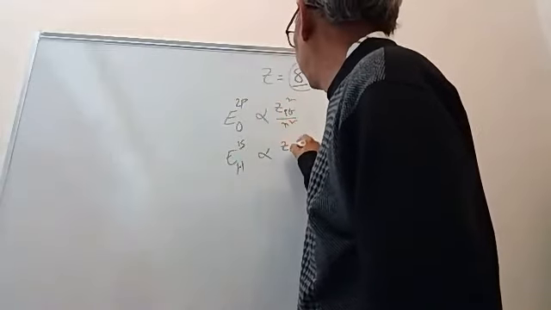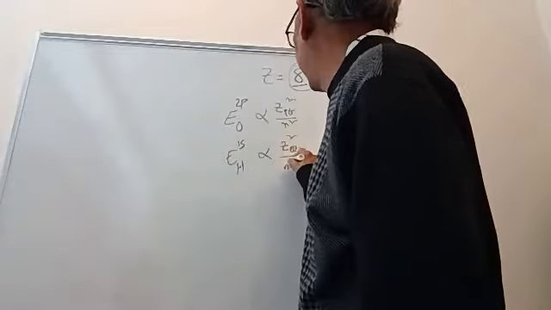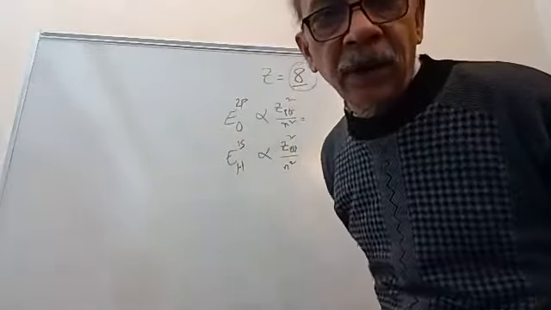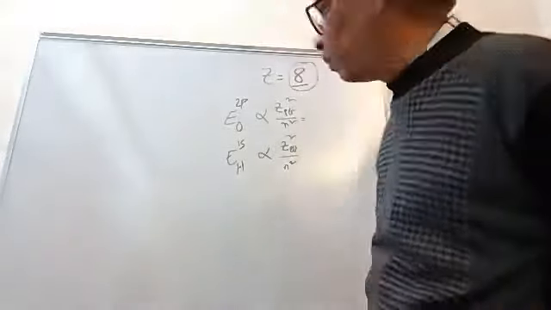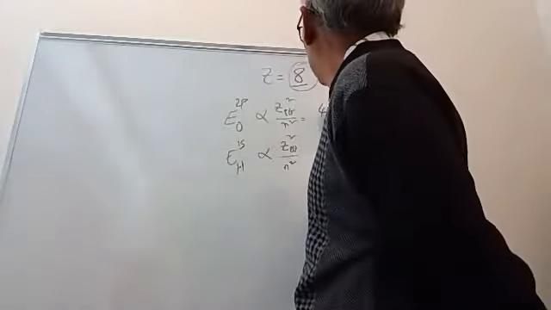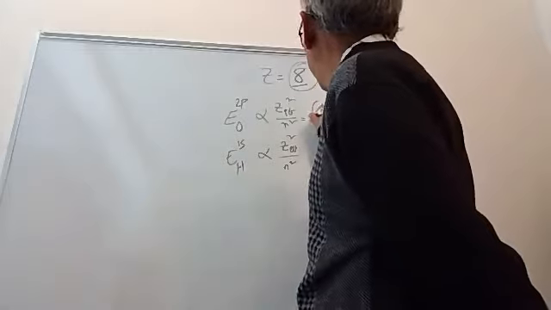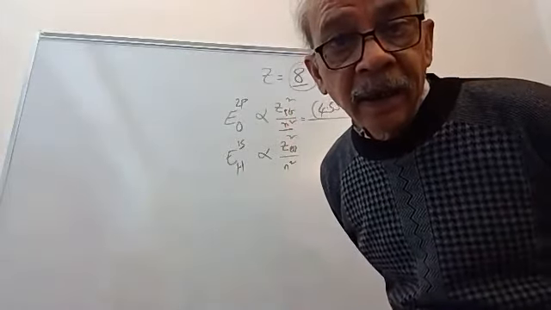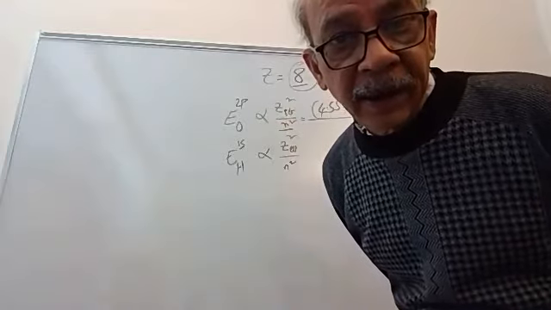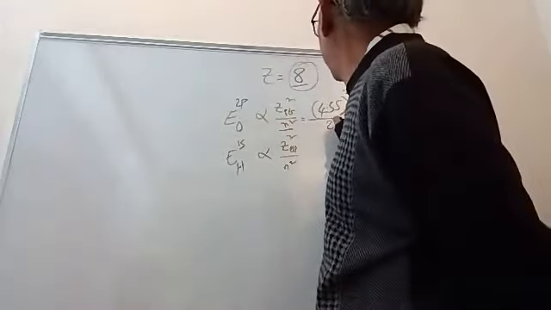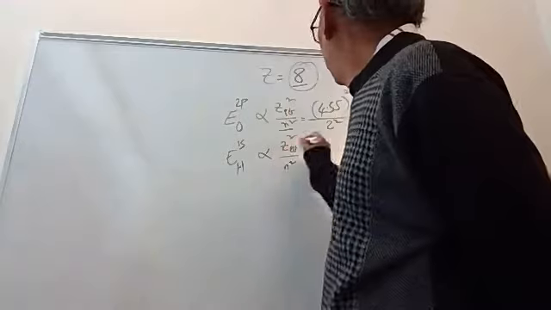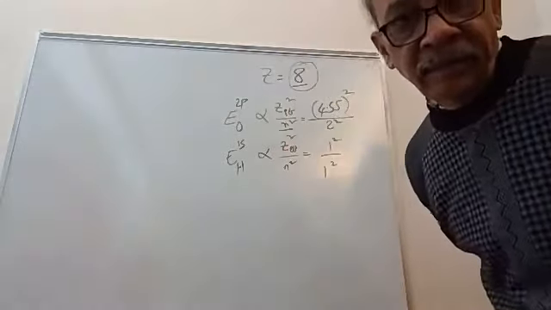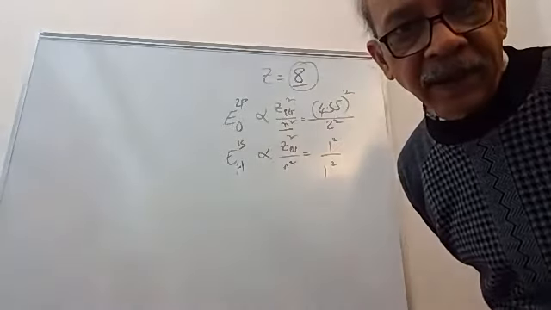For the 2p electron, we just calculated the effective nuclear charge, 4.55. So 4.55 squared divided by N squared, where N is the shell number, which is 2 for a 2p electron. And for hydrogen it is 1 squared divided by 1 squared, because hydrogen has only 1 electron, right?